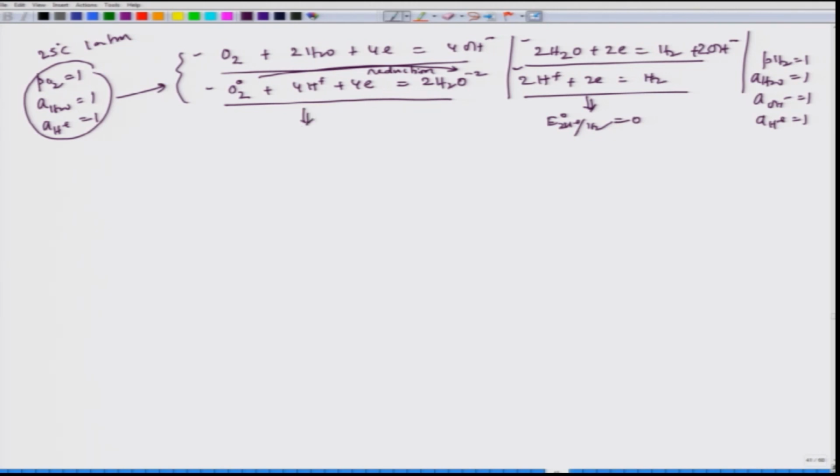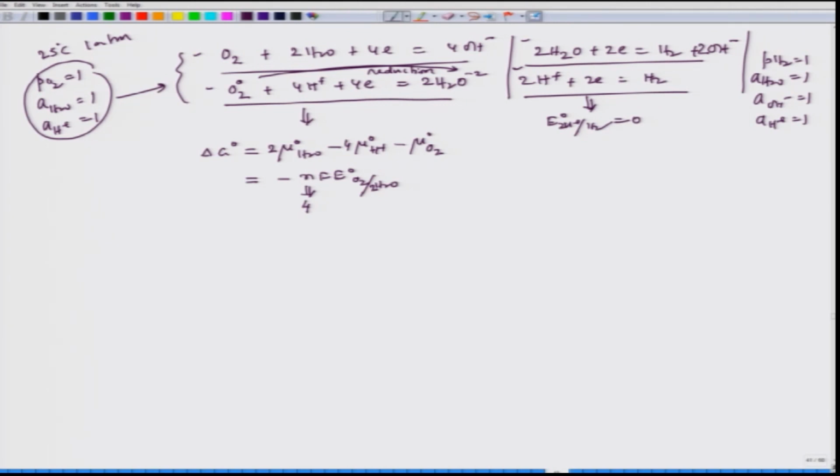In this case we can also calculate delta G0 equal to 2 mu0 H2O minus 4 mu0 H plus minus mu0 O2, and then we can equate it to minus nFE0 oxygen. Here n equal to 4, F equal to 96500.